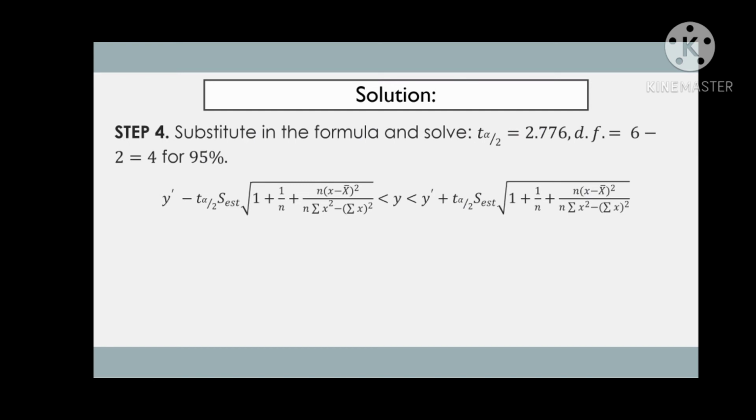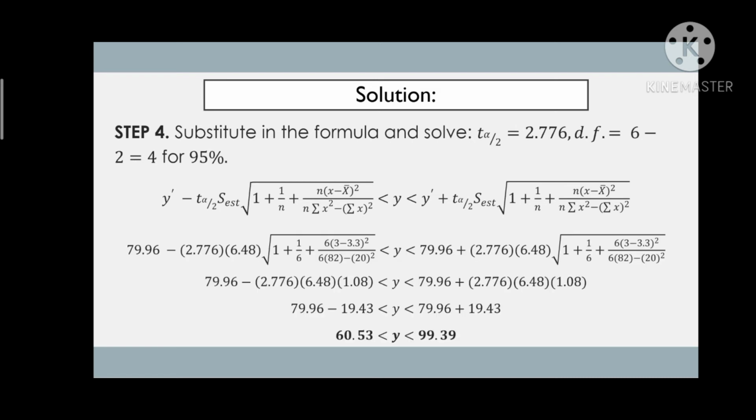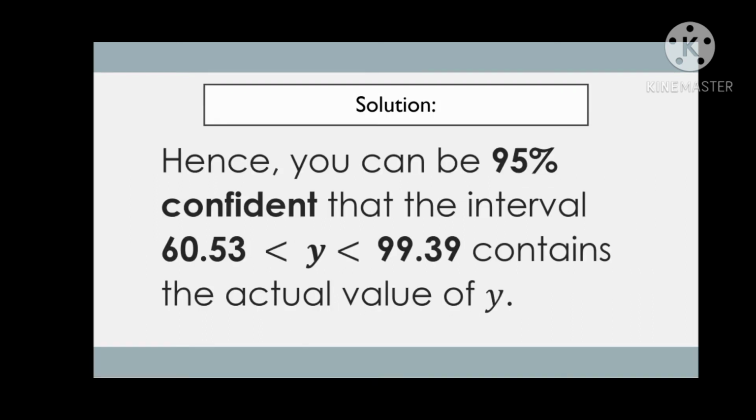Substitute those values in our formula for the prediction interval. Using the calculator, the answer will be from 60.53 to 99.39. Hence, you can be 95% confident that the interval from 60.53 to 99.39 contains the value of y.